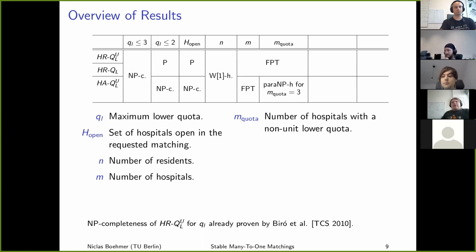But this is not the same. A hospital with quota 1 is still something different than a hospital with quota 0, isn't it? If I don't have anyone assigned to it, then it's closed in one model, and in the other one it still counts as the destination of some blocking pair, doesn't it? Yes, but a blocking pair is equivalent to a blocking coalition to open this hospital.